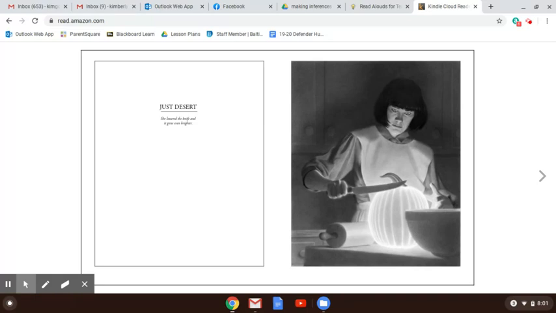She lowered the knife and it grew even brighter. Now, this is spelled desert like a dry place that doesn't get a lot of rain, right? Not dessert like something you eat after dinner. So that's an interesting clue to think about.